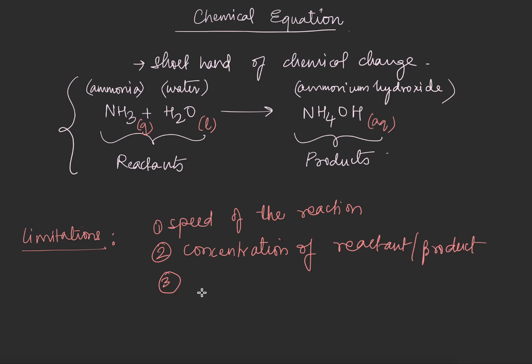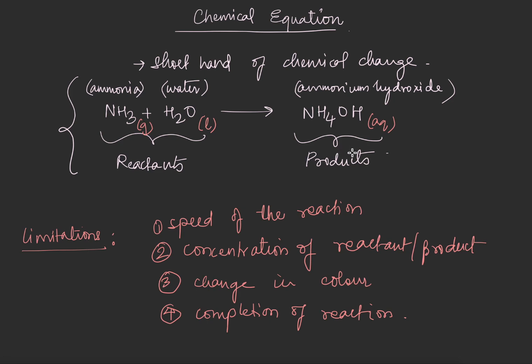Thirdly, whether there is a change in color is not mentioned in a chemical equation. Remember that a chemical equation comprises of symbols and formula of different elements and compounds. Lastly, whether the reaction has completed or not is also not provided.